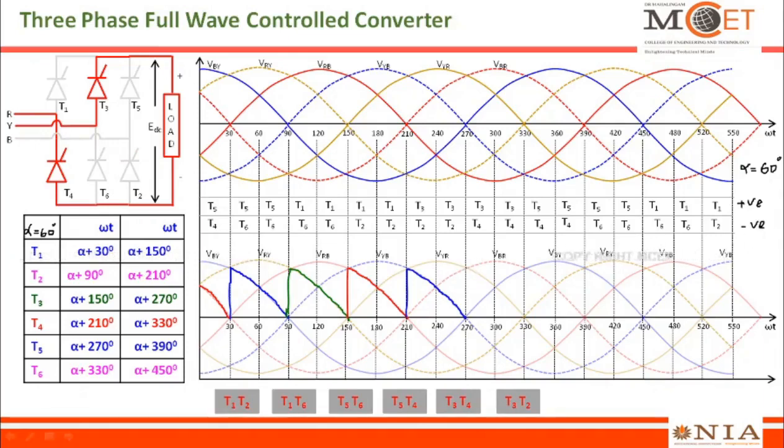VYR voltage is this yellow continuous line. So this voltage will be appearing across the load for the next 60 degrees. And this operation is going to continue for an infinite number of cycles in a very similar fashion. This is how the load voltage looks for alpha equal to 60 degrees.